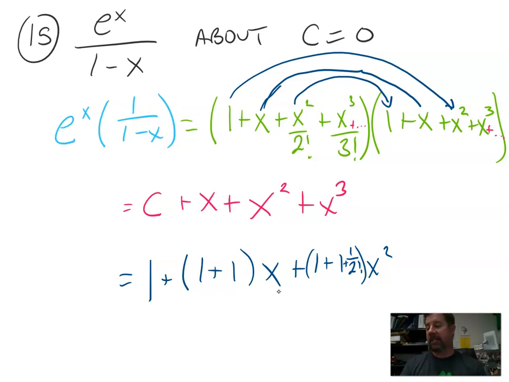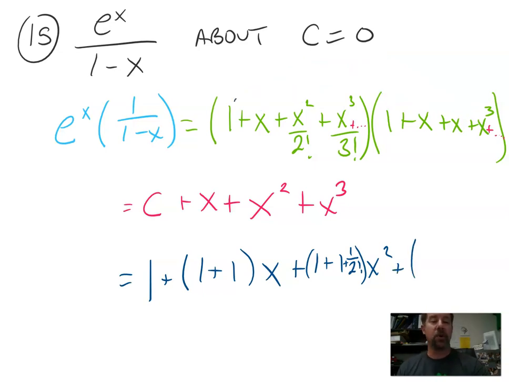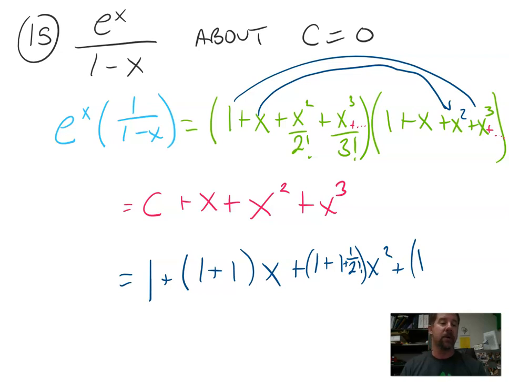Now, last but not least, I'm going to do the same thing for the x cubed terms. To get my x cubed terms, 1 times x cubed is 1x cubed. Then I'd have 1 times x squared, which is x squared, times x, so that's another 1x cubed.